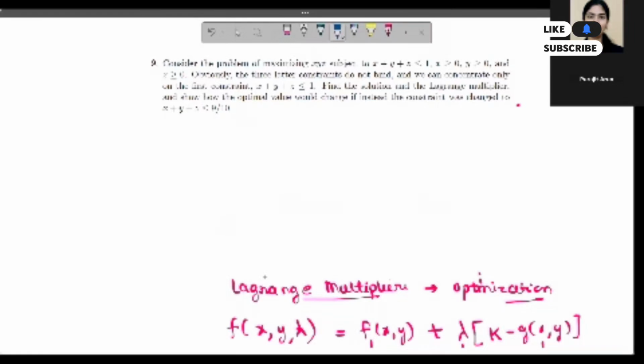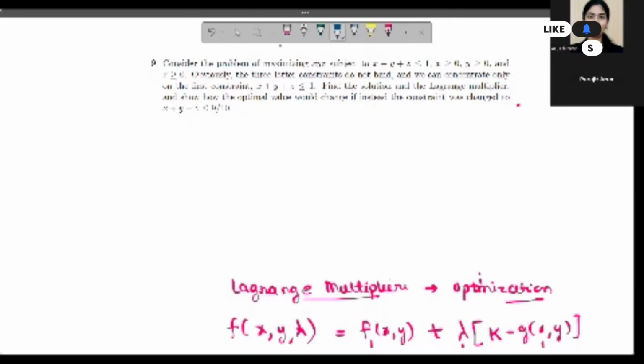Read it. Consider the problem of maximizing xyz subject to x plus y plus z less than or equal to 1, x greater than or equal to 0, y greater than or equal to 0, and z greater than or equal to 0. Obviously, the three latter constraints do not bind, and we can concentrate only on the first constraint, x plus y plus z less than or equal to 1.